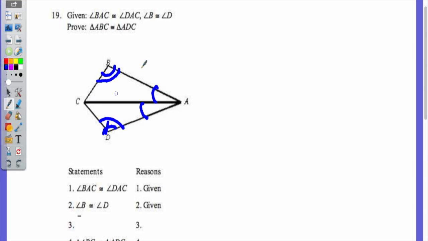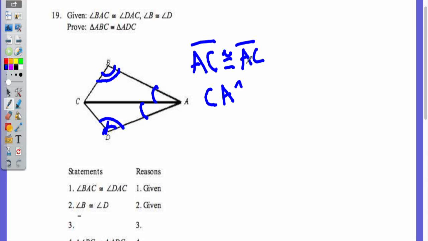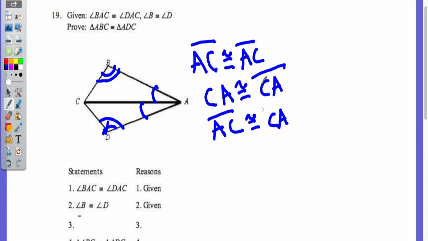Once again, I see they're triangles that touch, so they share a side. Now, some kids will say, well, Mrs. Falk, is it AC congruent to AC? Or is it CA congruent to CA? Or is it AC congruent to CA? So what I say is, look at what you're ultimately trying to prove.